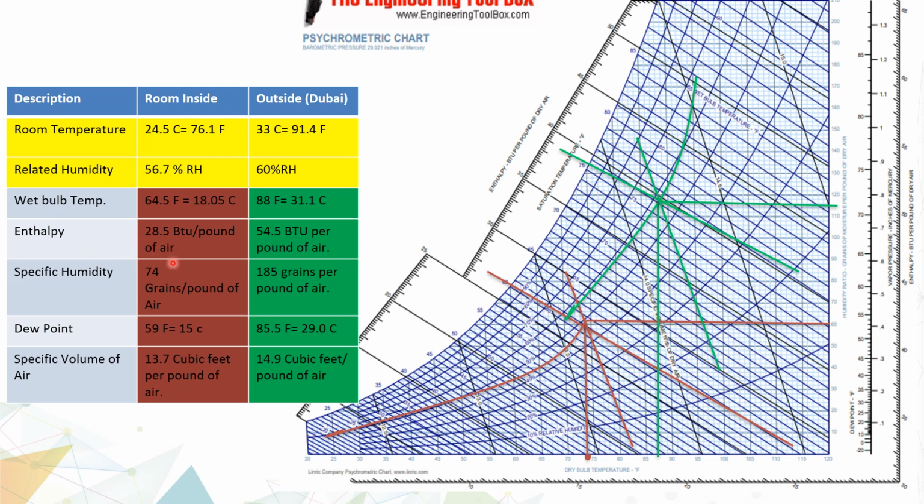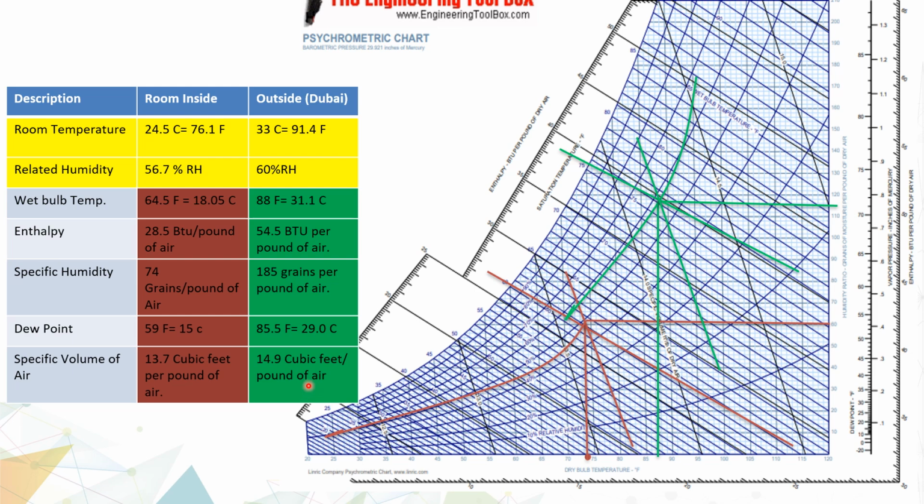Enthalpy changed from 28.5 BTU per pound to 54.5 BTU per pound of air. Specific humidity changed from 74 grains per pound to 185 grains per pound. Dew point changed from 15 degrees Celsius to 29 degrees Celsius. And the specific volume of the air also changed from 13.7 cubic feet per pound to 14.9 cubic feet per pound.